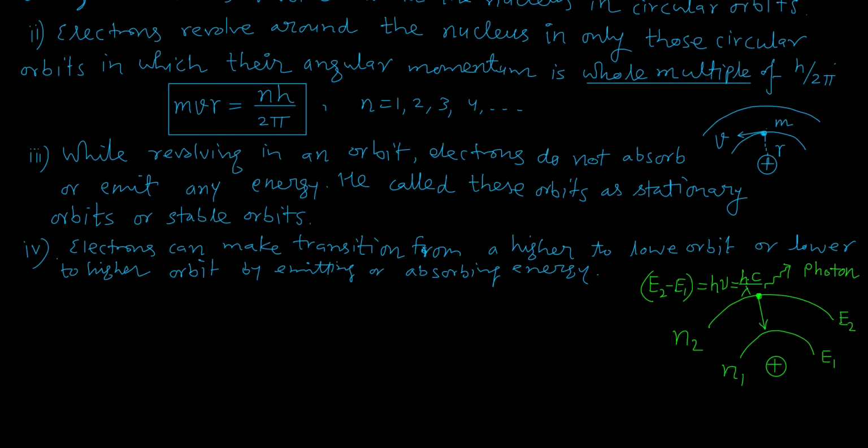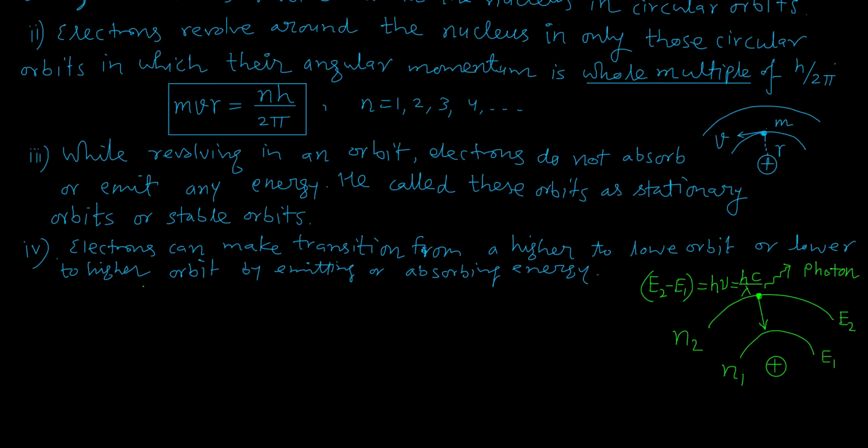What is h here? h is Planck's constant, as I told before, and c is the speed of light, which is 3 into 10 power 8 meter per second, and lambda is the wavelength of the emitted photon. So here energy is emitted in the form of photons which have characteristic frequency nu or characteristic wavelength lambda.